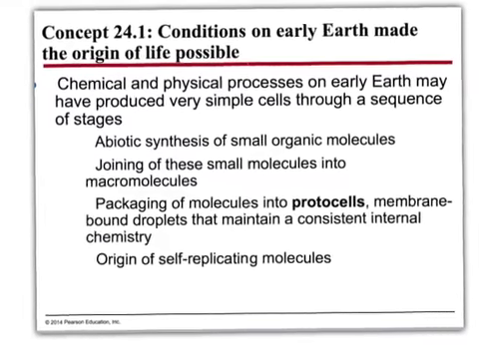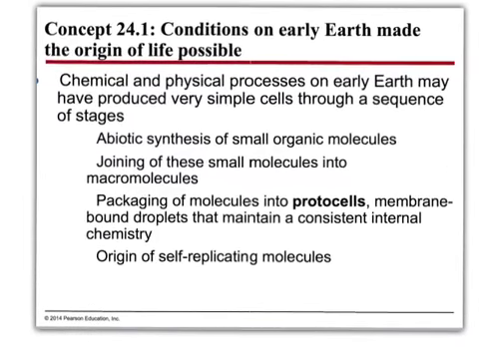So the first part of the chapter, like I said, is conditions on early Earth that made the origin of life possible. All right. So basically, there's 4 things you have to understand. Abiotic synthesis of small molecules. What does abiotic mean? Sarah, without what? All right.